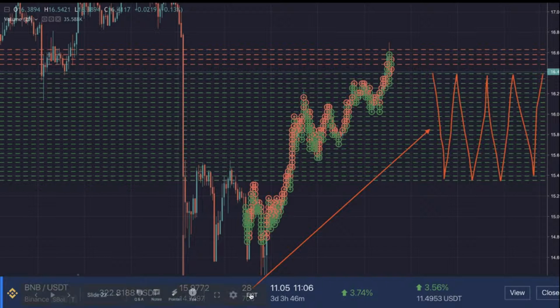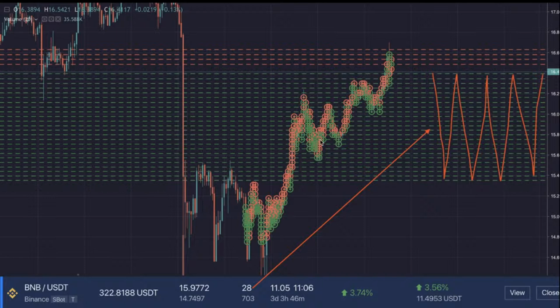But if I had more grid levels, let's say 70, in this case I would have an even more narrowed setup, so my grid levels would be closer to each other, and that means that on this upside momentum I would have more chances to capture, to seize as many price swings as possible, and I wouldn't get stuck with so many buy limit orders below the price action.